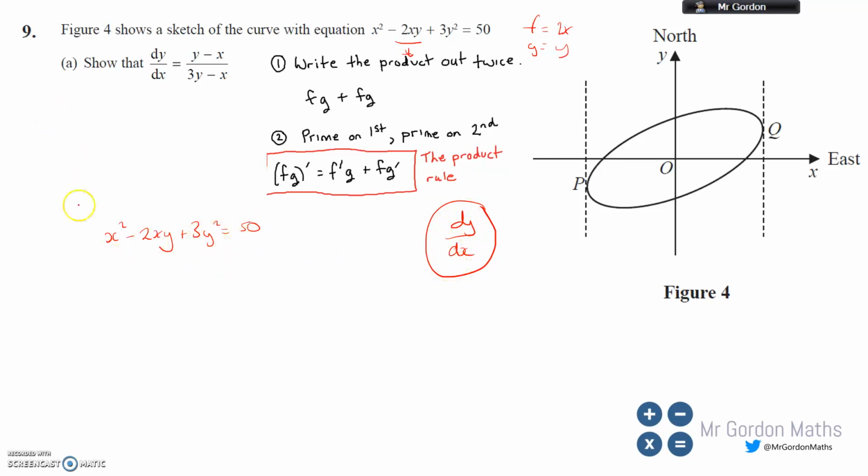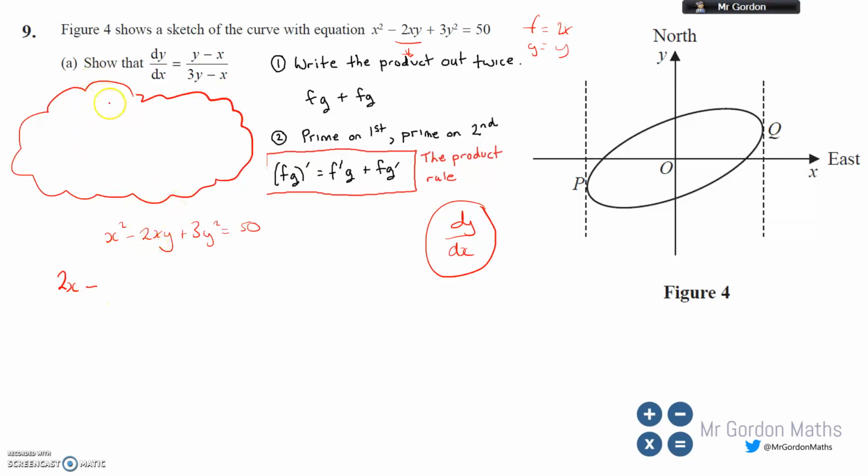So let's stick with this idea: write dy by dx next to anything with a y in it when you differentiate it. First thing, an x term. I'm just going to write 2x for the differential of that. This is being differentiated with respect to x, so nothing changes for the x terms. Minus, and then we come to this product rule. Let's sort the product rule out up here first, and we can write the result in here.